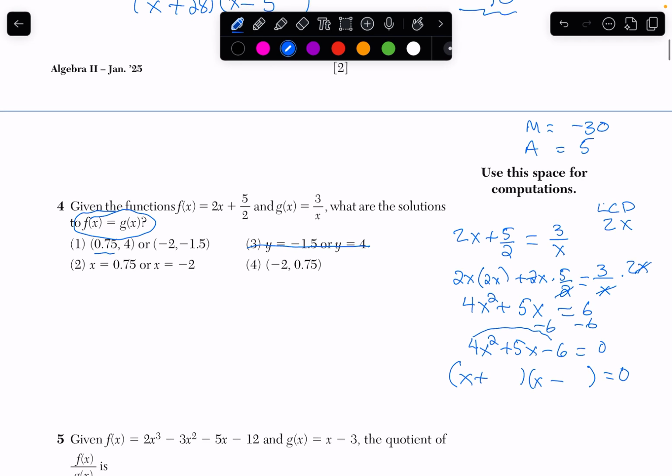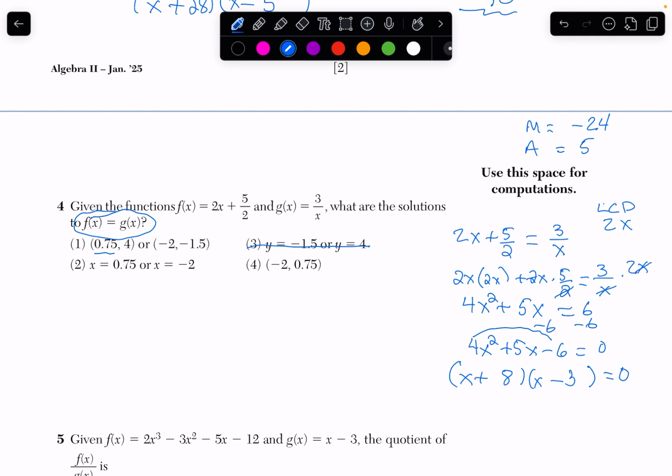Okay, 4 times 6 is 24, not 60, right? So I need two numbers multiplied to be negative 24 and add up to be 5. So those two numbers are 8 and 3.